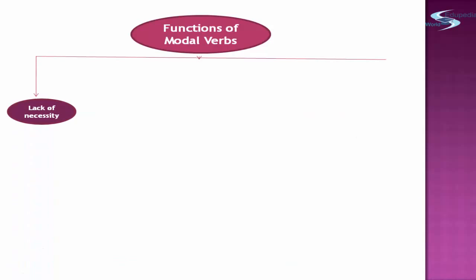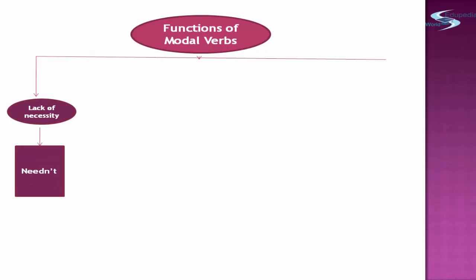Okay, we will discuss the functions of modal verbs, but remember these are general. We will be discussing them later one by one. The first function of modal verbs is for lack of necessity.